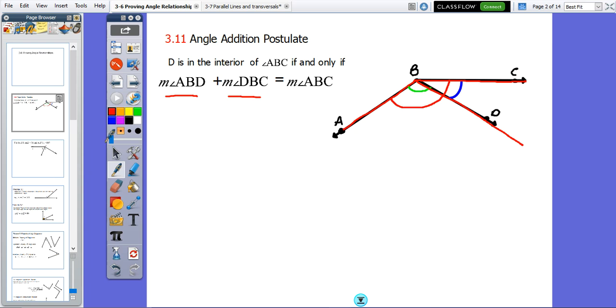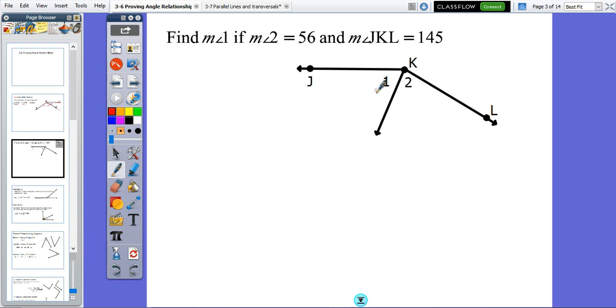Now, the way we will see it in the homework as well is similar to this. Say I know that angle 2 right here is 56 degrees, and I also know the entire angle JKL, the whole thing right here, is 145. The question is, what is angle 1? Well, you've used this before.